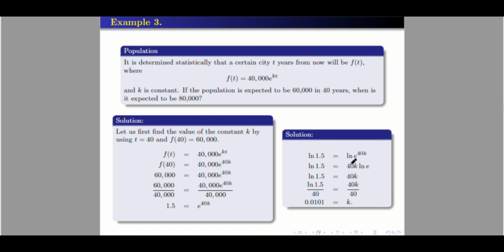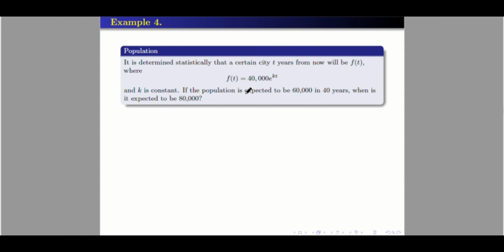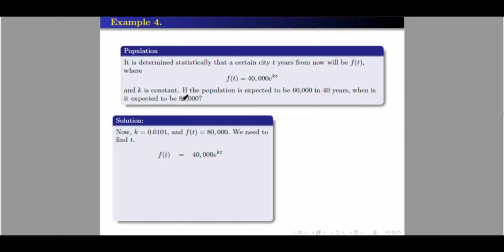We're not yet done because we did not answer the question: when is it expected to be 80,000? So we only found the value of k. Now we're ready to find the value of t with f of t equal to 80,000. For the last part of the solution, our new f of t is 80,000, and our constant is 0.0101.